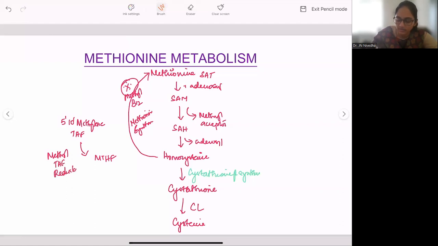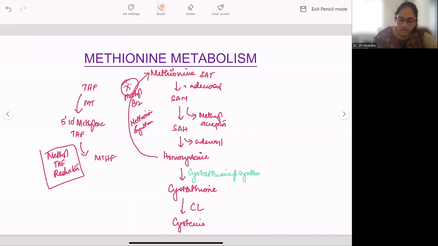You have to remember this enzyme also. So methyl tetrahydrofolate reductase converts 5,10 methylene tetrahydrofolate to methyl tetrahydrofolate. Now tetrahydrofolate converts to 5,10 methylene tetrahydrofolate by an enzyme, methyl transferase.